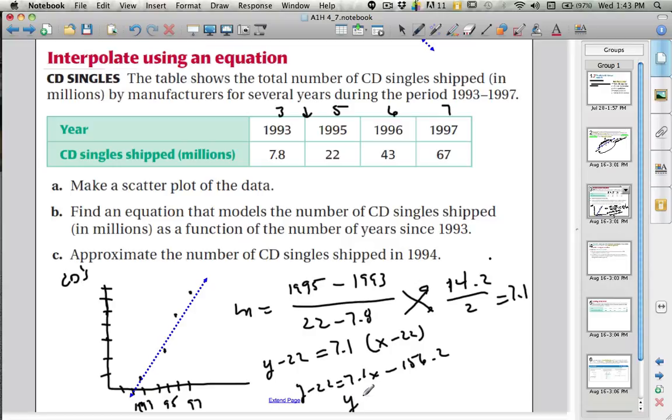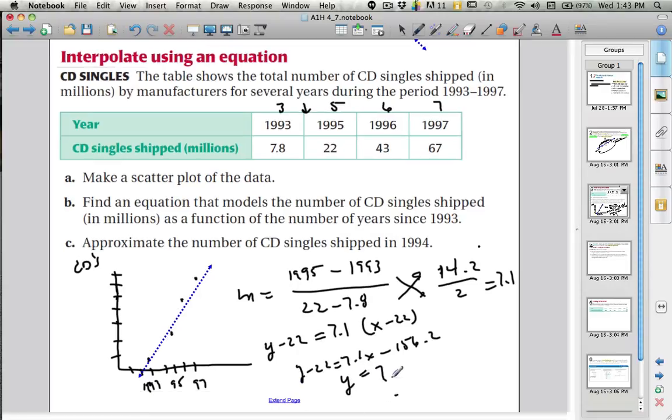And then we're going to add 22 to either side. That's going to be minus 134.2.